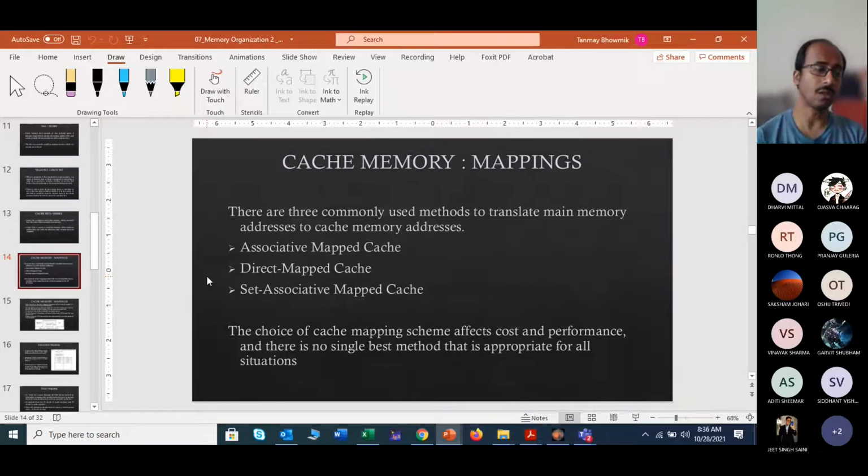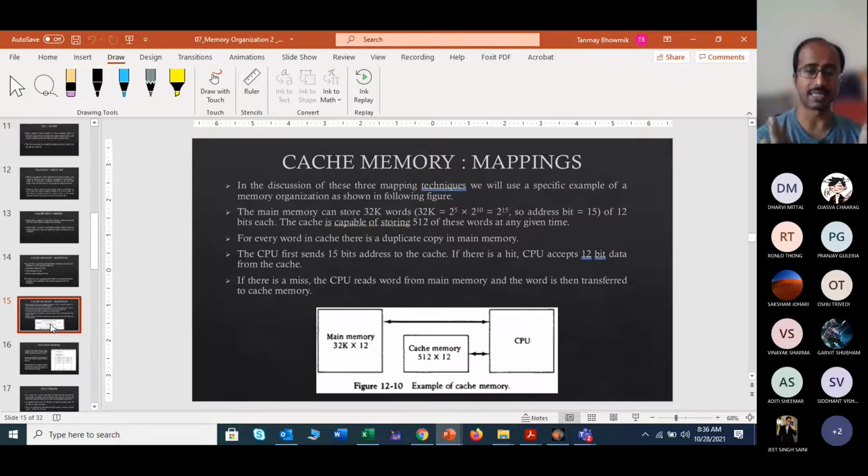Okay, so first let us take one example, just like the example I was giving to you, that your main memory has some kind of size and your cache memory also has some kind of size. Both are connected with the CPU. Then how will you manage the mapping?